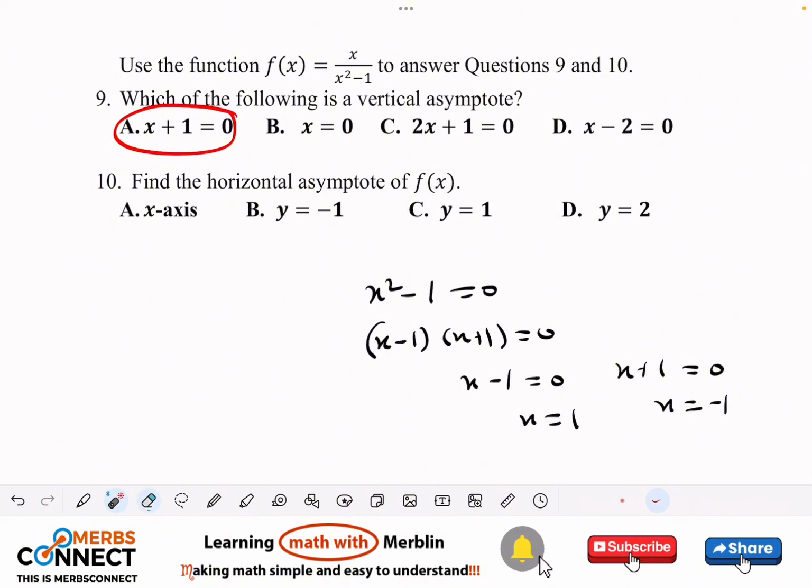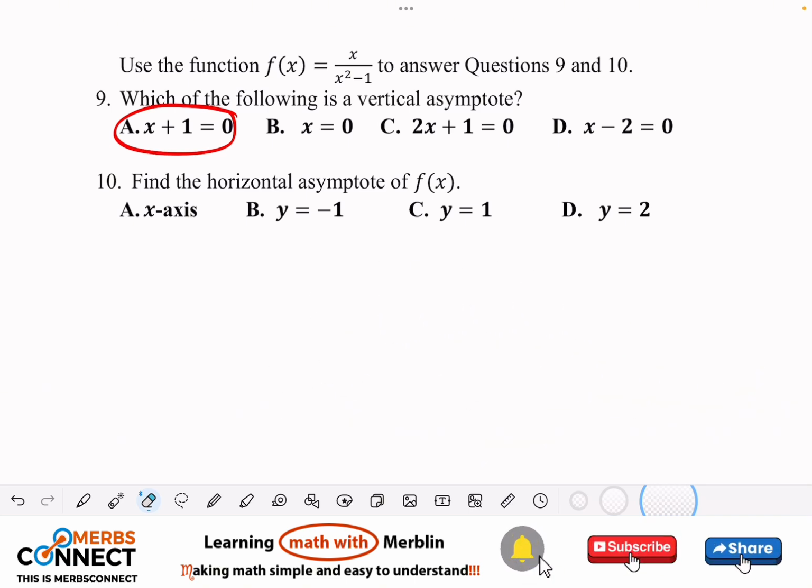What is the horizontal asymptote? So I said horizontal asymptote and oblique asymptote. Actually, if we have horizontal asymptote, then there is no oblique asymptote. So for us to check the horizontal asymptote, what we need to do is check the degree of the top and the degree of the bottom.